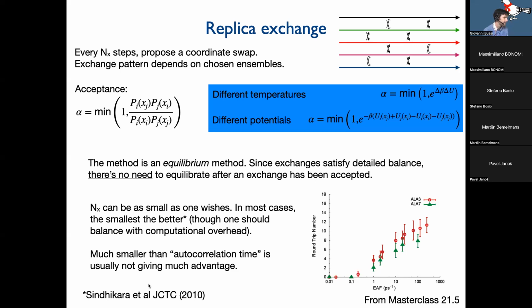Decreasing the exchange rate too much is never an advantage, except for the computational cost, though it's possible that it's not a big advantage. So typically it's not necessary to use very, very short exchange paces, but it's good to choose small strides here.